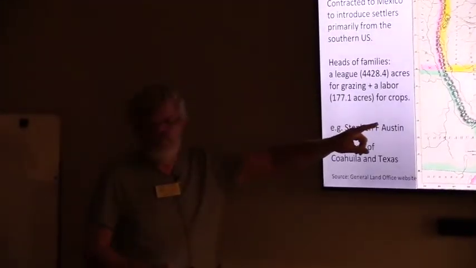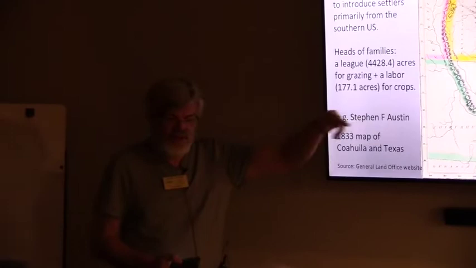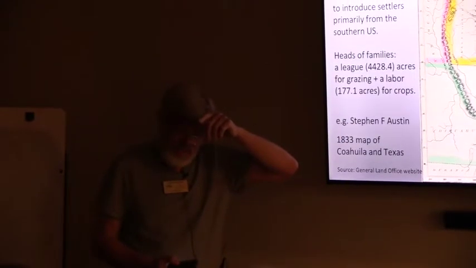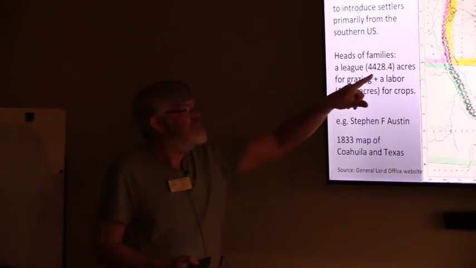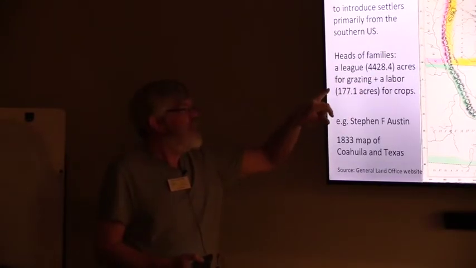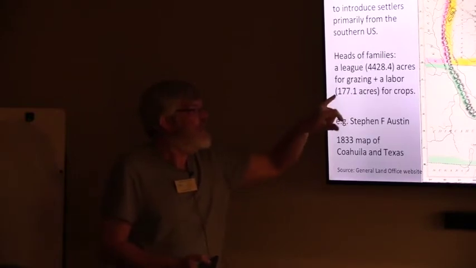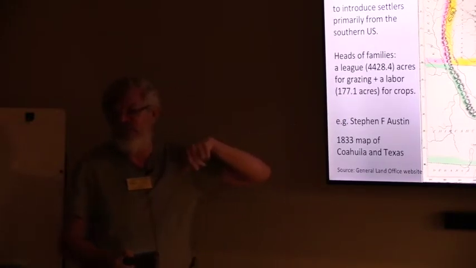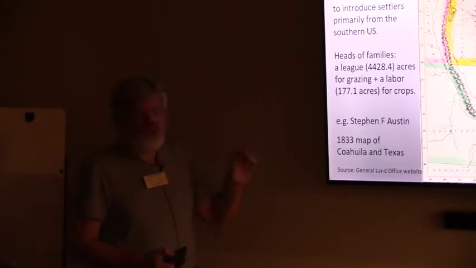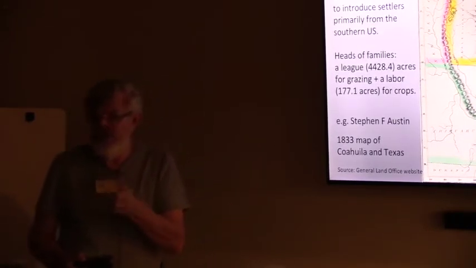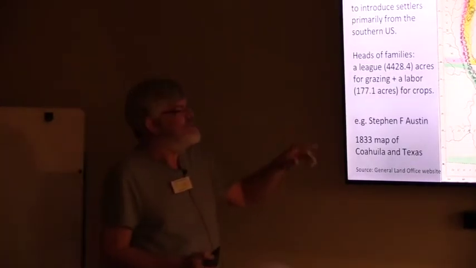To encourage people to move into these areas, which did have Comanches and Apaches, they gave them a league, which is a little over 4,400 acres, for grazing, and a labor, 177 acres for farming. Okay, so it's called a league and a labor. You'll hear that, or you'll read about it if you check into this stuff.